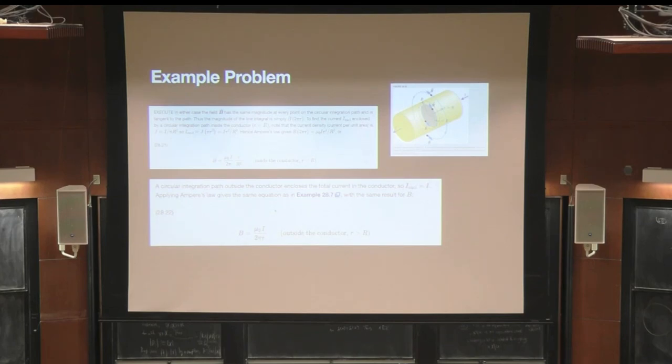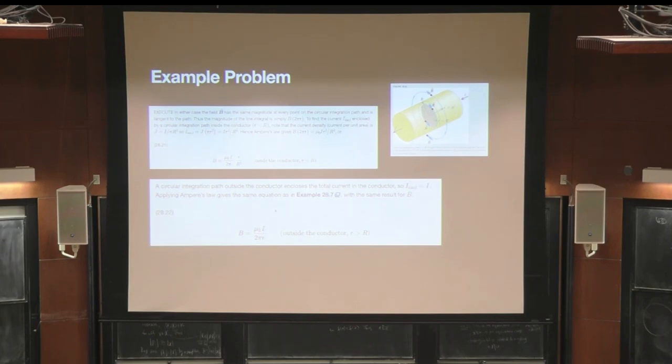Outside of the conductor, I enclose the total current I. So for R greater than big R, I enclosed just equals I, and I don't need to worry about that current density anymore. I just use Ampere's law in its basic form.